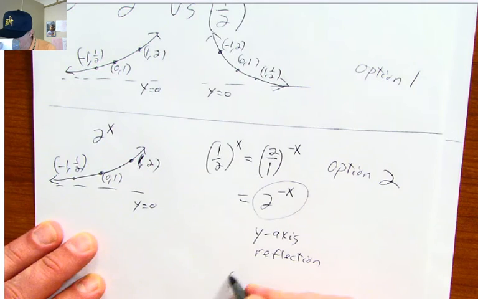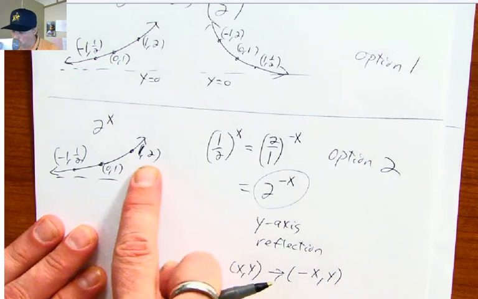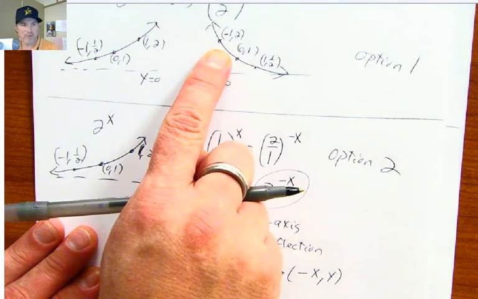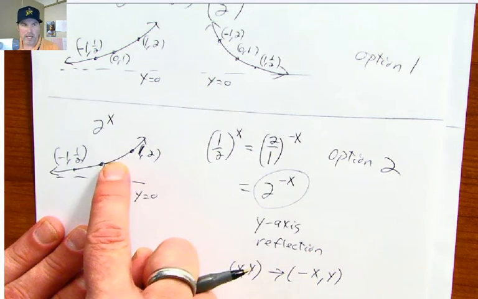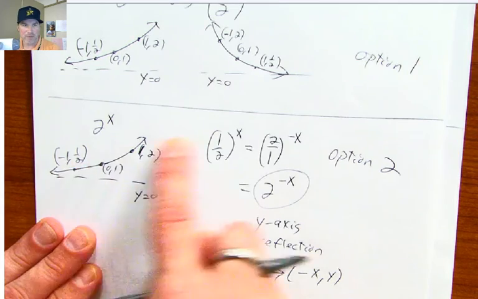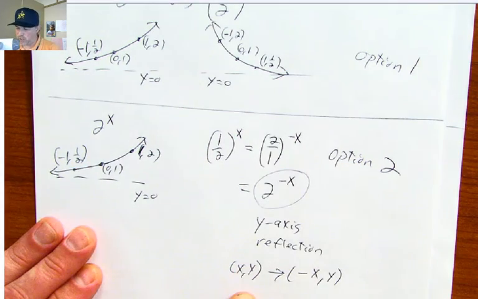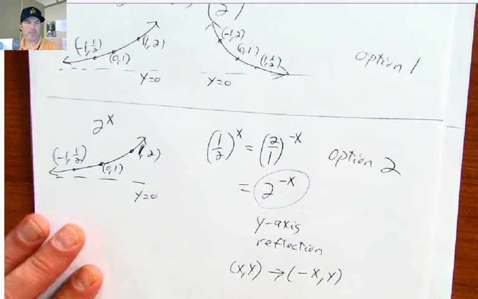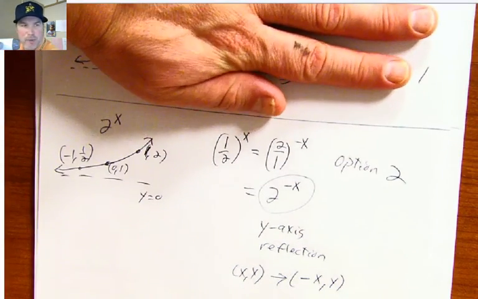Think coordinates. That means that your x, y would become negative x, positive y. So this coordinate 1, 2 would become negative 1, 2. The point 0, 1 would stay 0, 1. And the point negative 1, 1/2 would become positive 1, 1/2. So you could just use this. When Elliot has a choice, he chooses option 2.